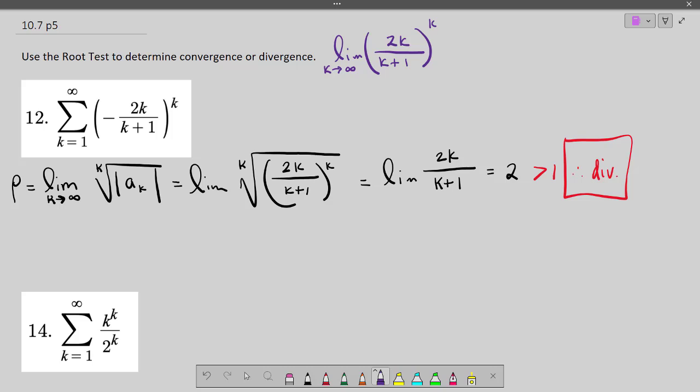Oh, 2. Sorry. So the form here is a 2 to the infinity. That is not indeterminate. 1 to the infinity is indeterminate. 2 to the infinity is not indeterminate. The only way we get an indeterminate form is if the base is going to 1 and the exponent's going to infinity. So this is the same thing as the limit of 2 to the k, and so that is infinity.